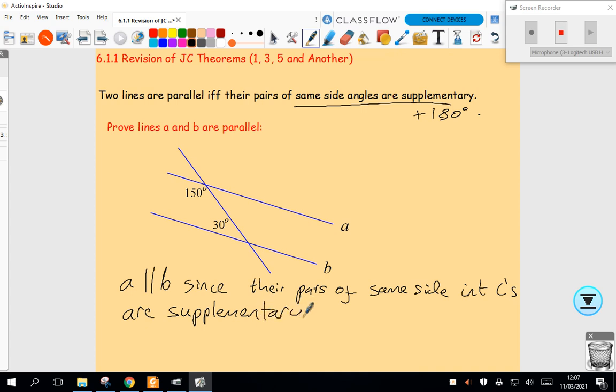Notice they're not congruent, they're not equal, they're supplementary. That's 30, that's 150, together they add to 180. That means those two lines are parallel. Okay, so we've got to know those theorems inside out.